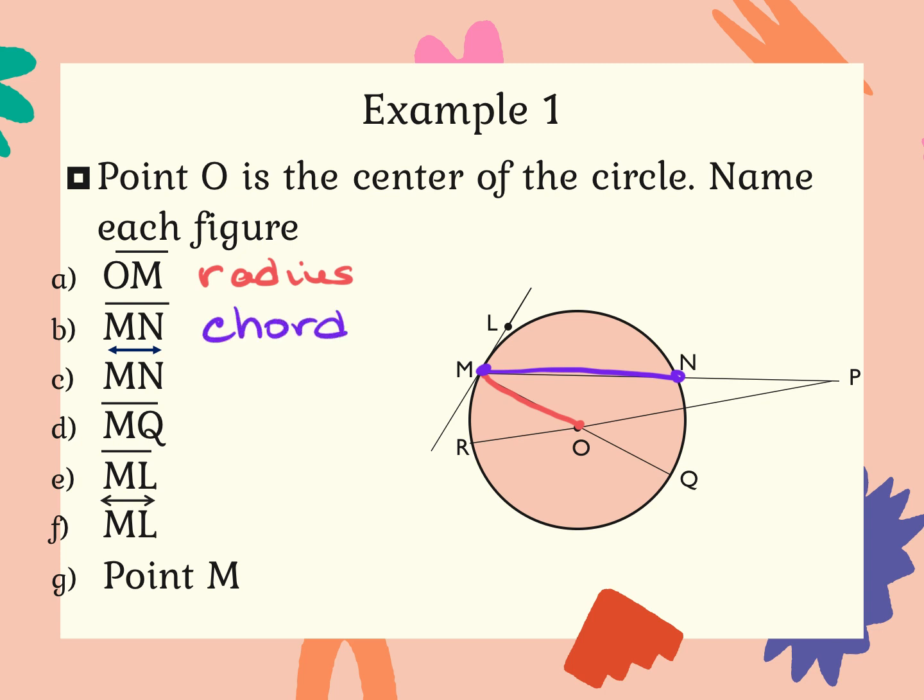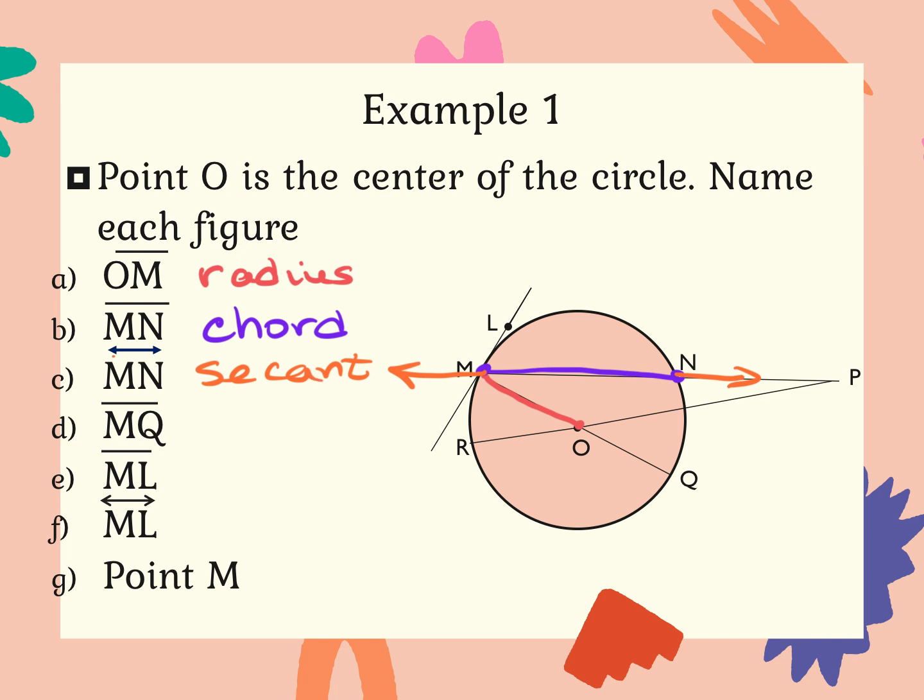Notice the picture on top of those capital letters was the symbol for segment, but in part C, they have now changed that symbol to a line. So when it becomes a line, and if we were to extend this, it becomes a secant because it goes outside of the circle.